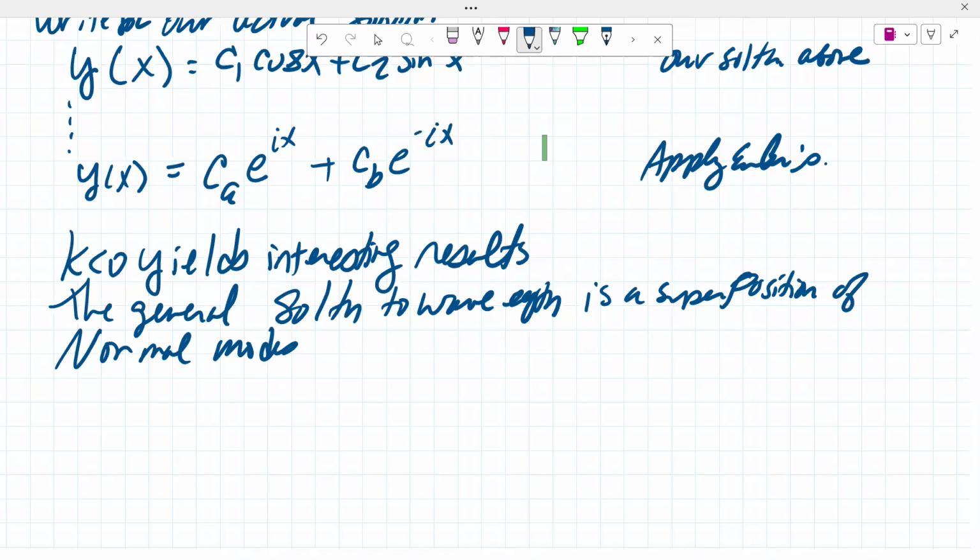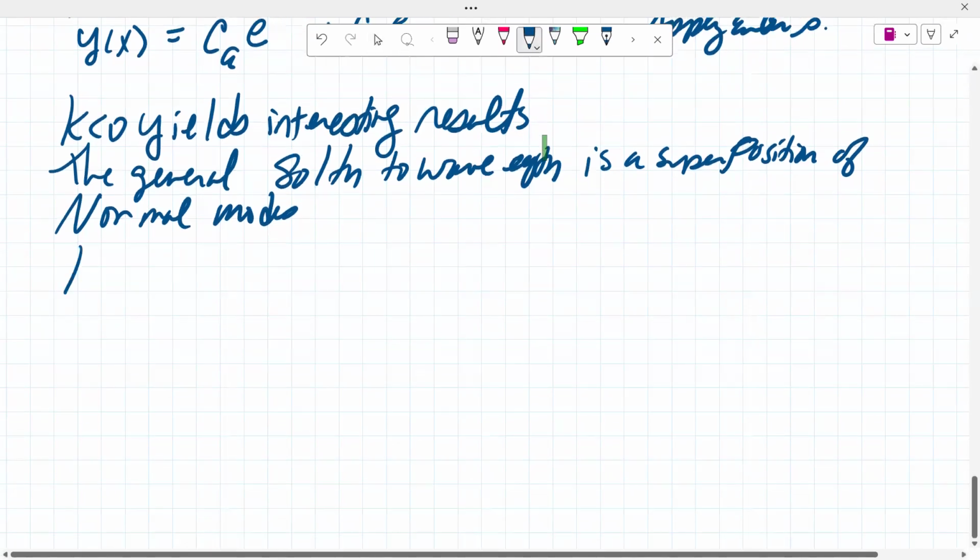So k is less than 0, which we've already been considering.